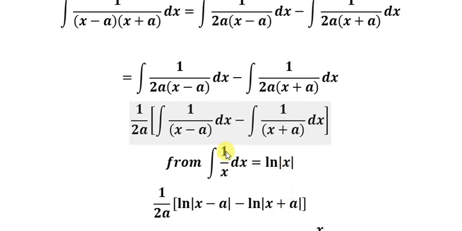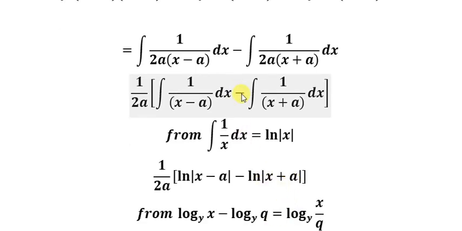So if we have 1 on top, we have ln of the denominator. The integral of 1 over x minus a will result in ln |x minus a|, because x minus a was the denominator. Then the integral of 1 over x plus a will result in ln |x plus a|, because x plus a was the denominator. Remember, the minus sign is still at play here.